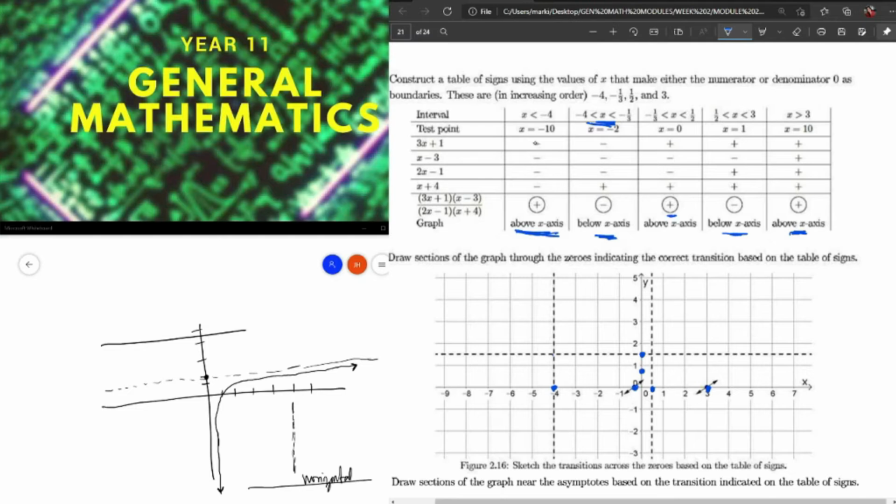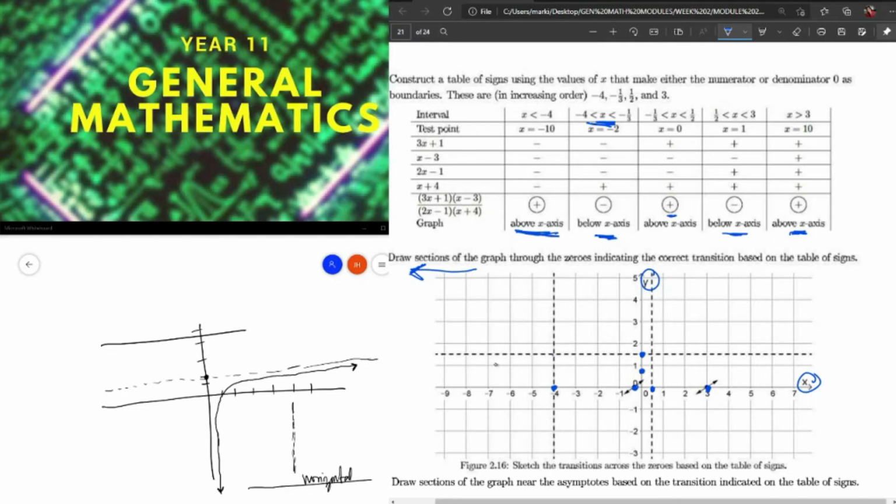Okay, so remember that the use of the sign table is that it tells us where the graph should be placed. So if x is less than -4, it's going to the left, so it's above the x-axis. Remember this is the x-axis here and the y-axis. So it's not here because you cannot extend anymore. Remember that it is an asymptote.